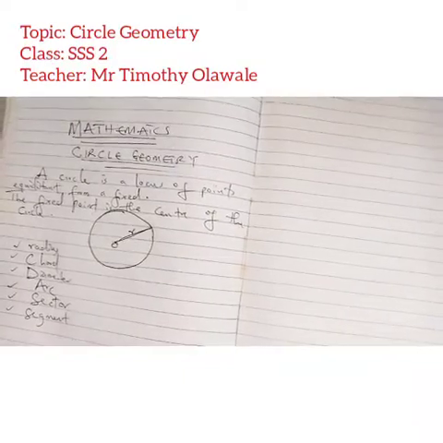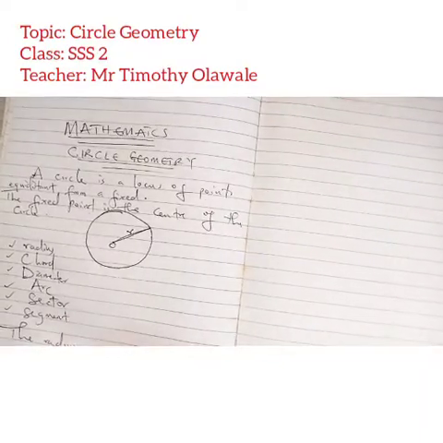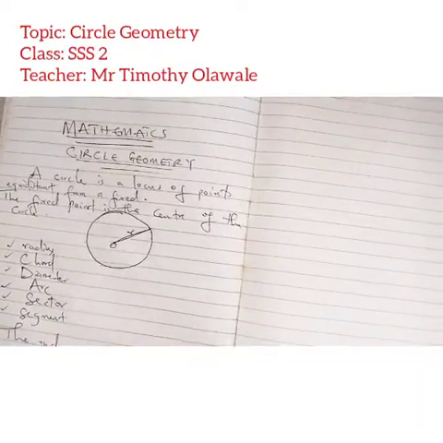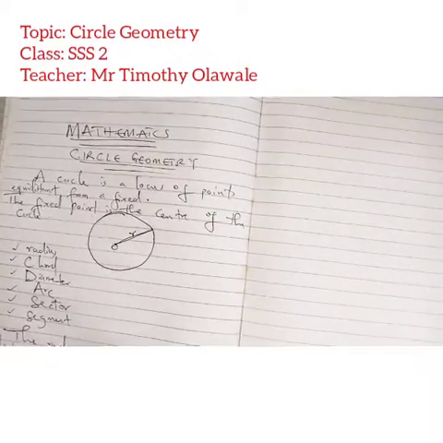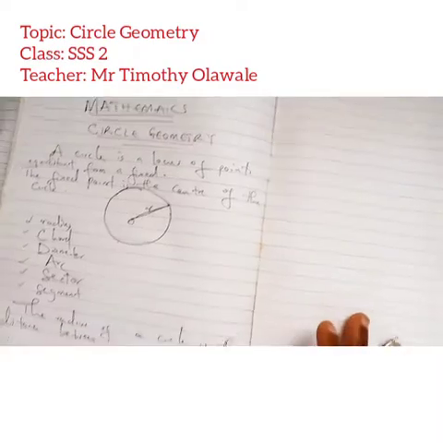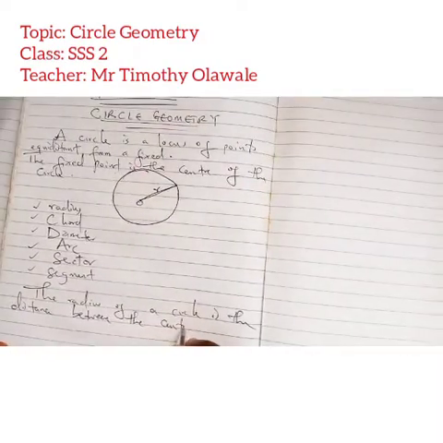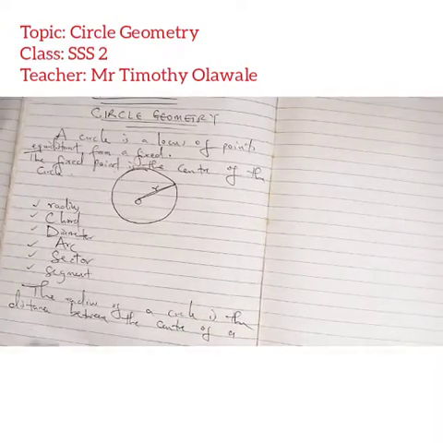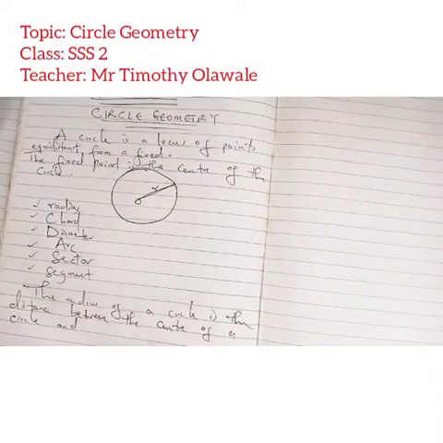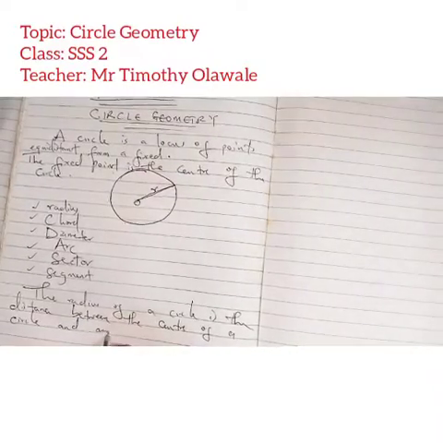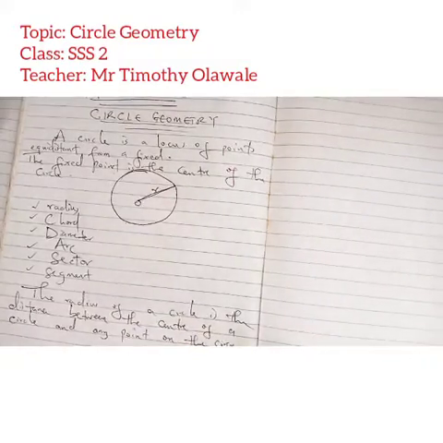So let's start. What is radius? The radius of a circle is the distance between the center of a circle and any point on the circumference.